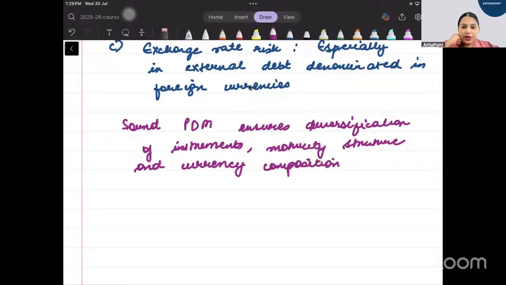So whenever we have sound public debt management, we should ensure that जिस करेंसीज में हम लोन ले रहे हैं उसका एक बैलेंस मेंटेन हो, हम किसी भी एक जगह से लोन ना लें, उसमें डाइवर्सिफिकेशन हो, और मेच्योरिटी स्ट्रक्चर को भी हम कंसिडर करके चलें टू मिनिमाइज दीज रिस्क्स.